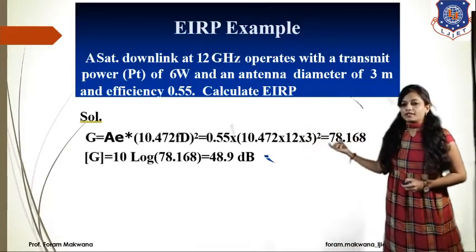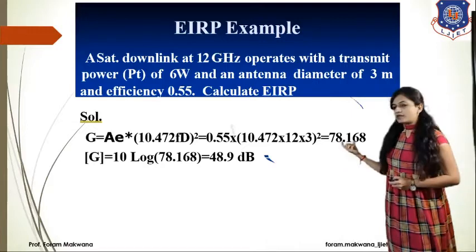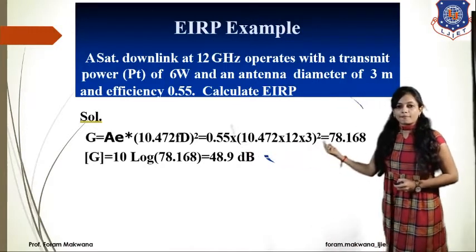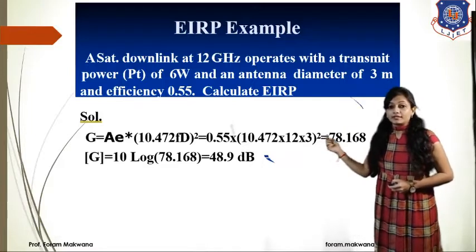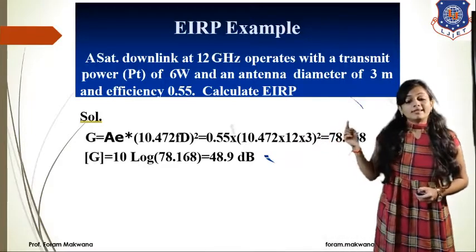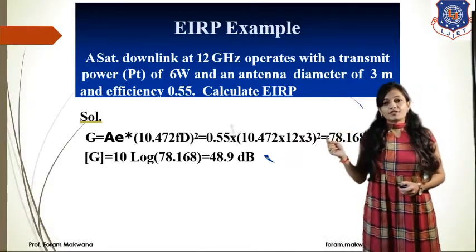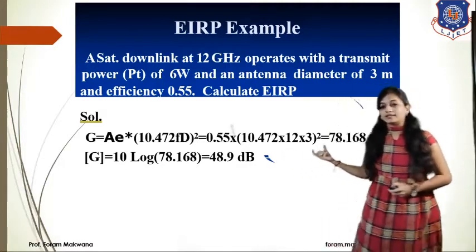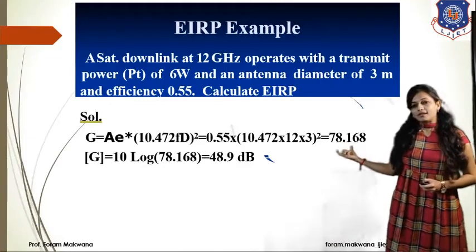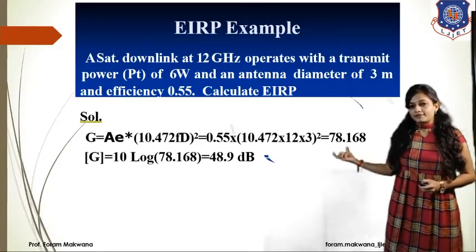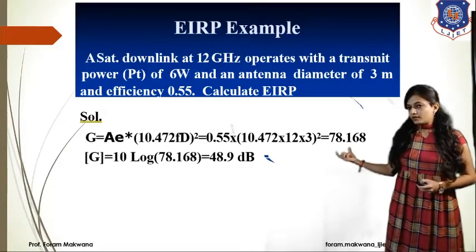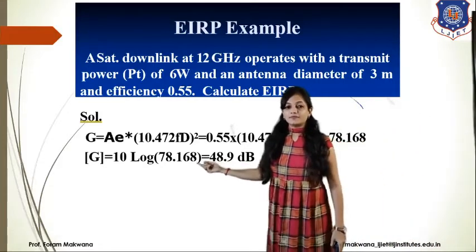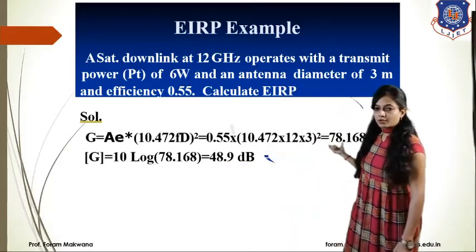So this quantity is 78.168 if we calculate this whole term. But we are going to calculate the EIRP, so first we need to calculate this quantity in dB. The formula is, if you want to convert the absolute value into dB, we simply use 10 log base 10 of this absolute value.